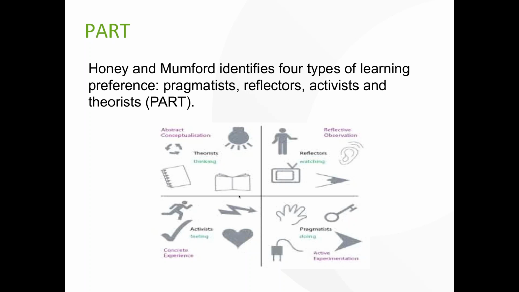Then you've got your pragmatists, so it's all about the doing. They need that active experimentation. They need to basically feel out what they're trying to learn. And then you've got the activists, and this is a real concrete experience where they need to feel the emotions or the look and feel of that concept or skill.